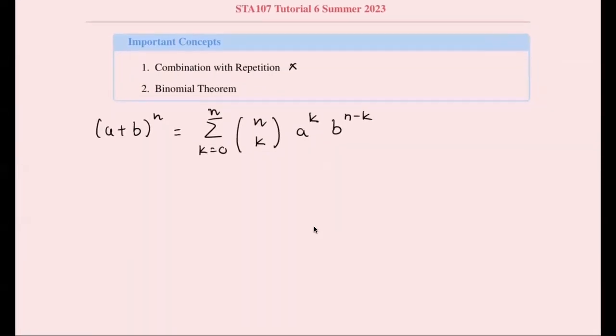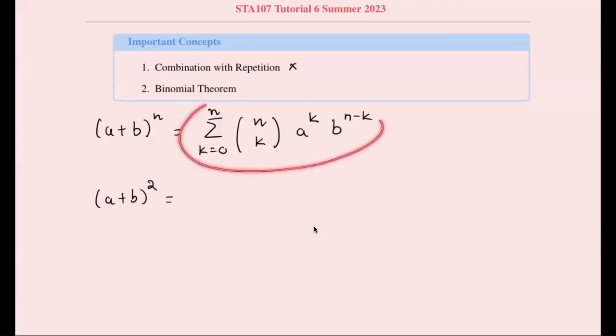If you find this formula difficult to remember, one way that you can do a sanity check is working with a familiar exponent such as (a + b) to the power of 2 or (a + b) to the power of 3 and make sure that your formula makes sense.